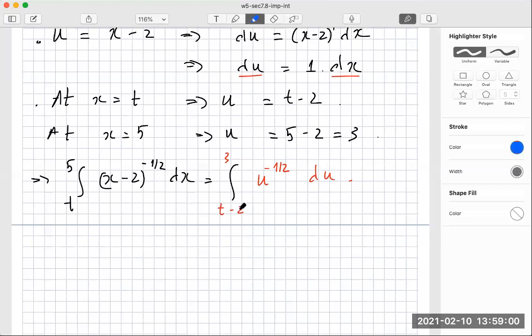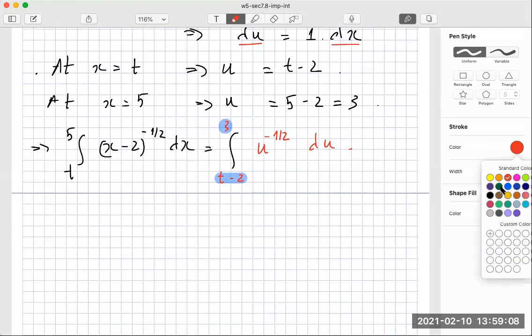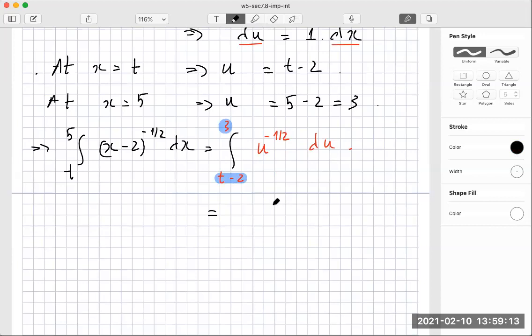So t is a number, t minus 2 is a number, 3 is a number. What is the antiderivative of u to the negative 1/2? So let us just do it like a machine, right?